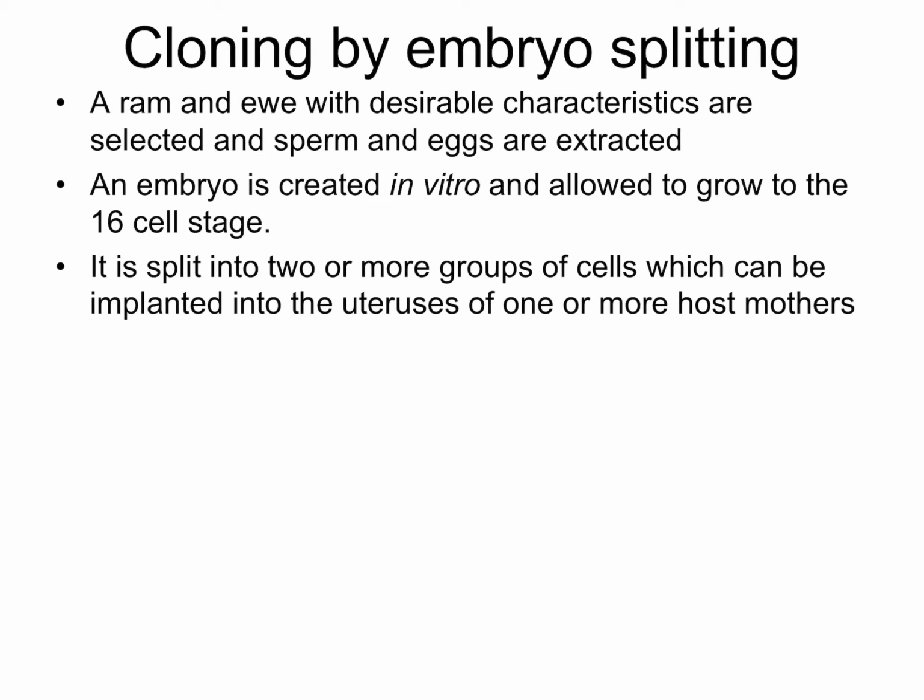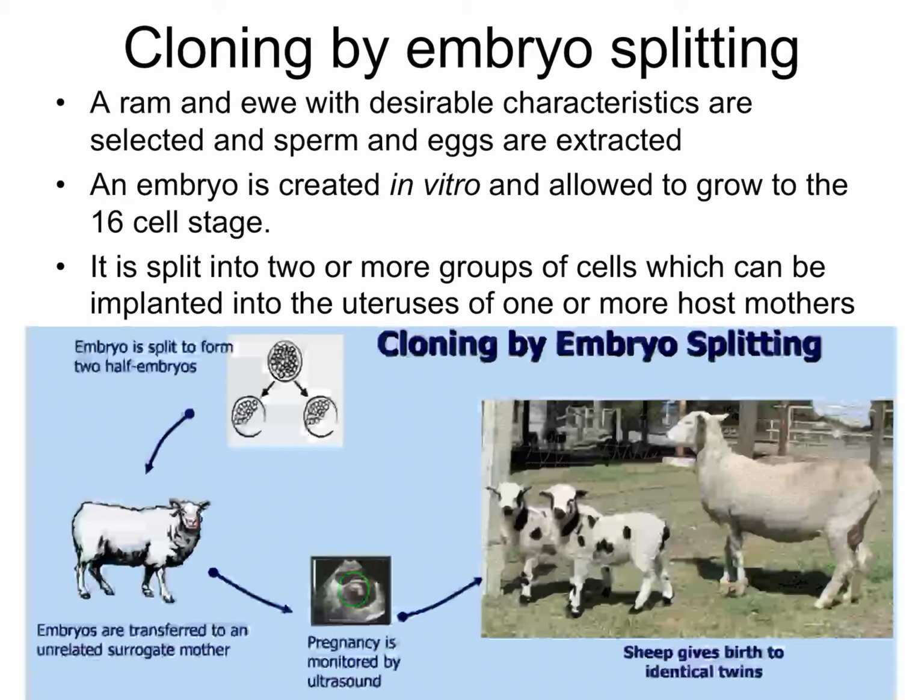And then it can be split into more groups of cells, which can then be implanted into the uteruses of one or more host mothers. So this little diagram shows that. So we've got embryos transferred to an unrelated surrogate mother. And this is just splitting one embryo and creating these identical twins or triplets.